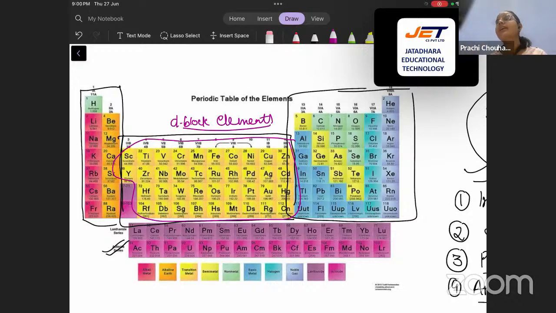These D block elements are also known as transition elements, because here I am transitioning from S, then D is coming, and then I am going to P. So it's like a transition from S to P. The compounds that will be formed by these D block elements will not be organic compounds, right? Compounds that will be formed by the D block elements with other ligands or other elements will be studied in coordination compounds.